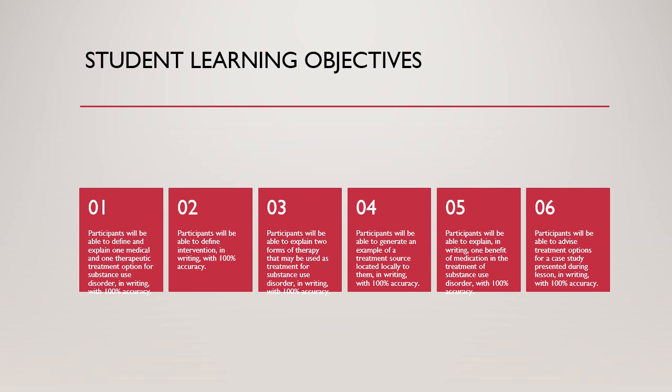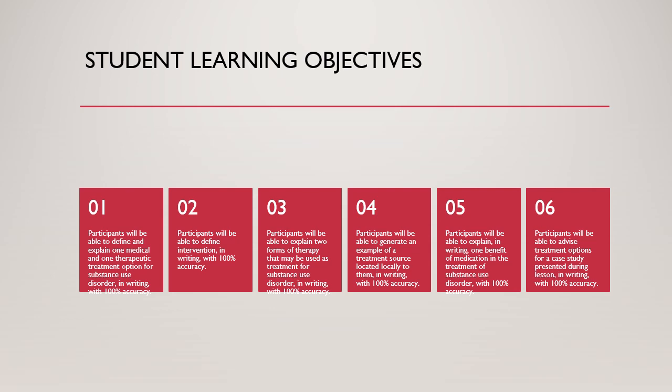Our second student learning objective is participants will be able to define intervention in writing with 100% accuracy. The next objective is participants will be able to explain 2 forms of therapy that may be used as treatment for substance use disorder in writing with 100% accuracy.